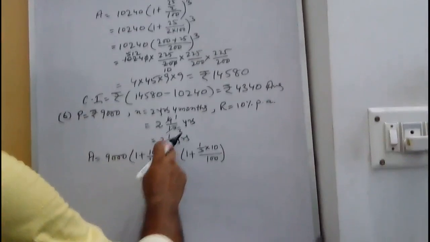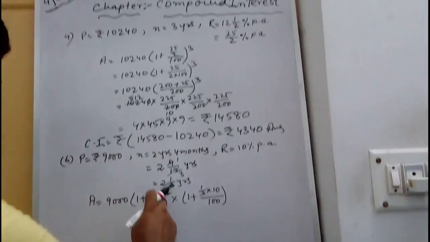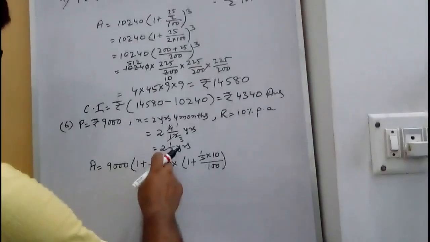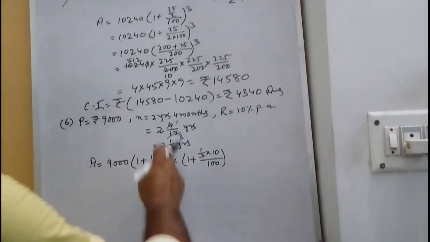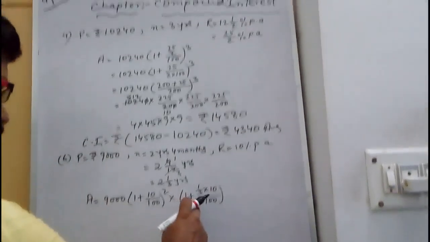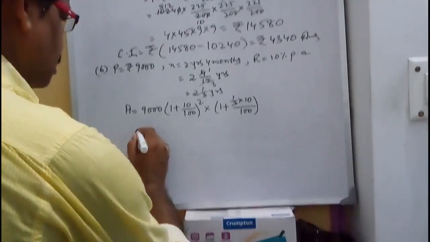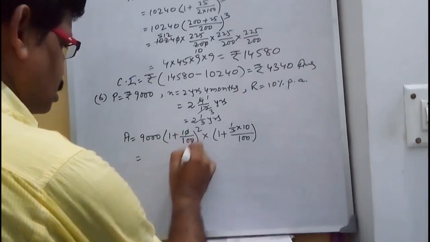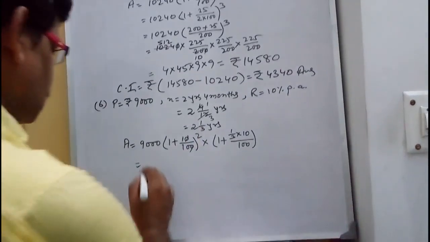As the time is in fraction, that's why the whole number is written here, and the fraction is written as 1 plus 1 by 3 into R by 100. Now this 0 cancels.